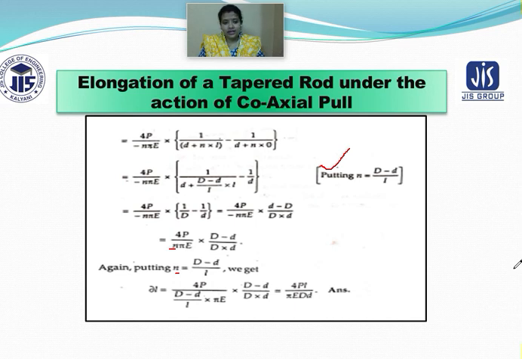For a taper rod the equation is del L equal to 4 into P into L by pi into E into capital D into small d. So you can see the change in this particular situation.